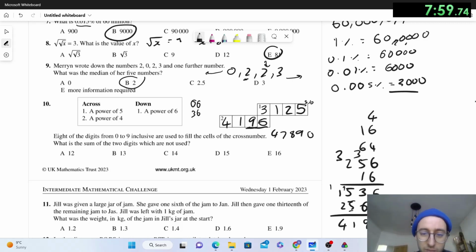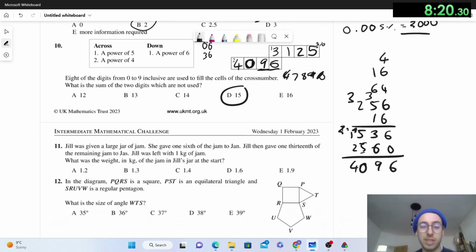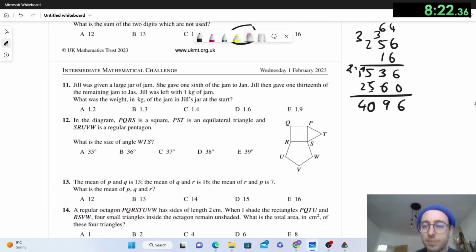That's wrong, because you can't use 1 twice. What if... Oh my god, there's no carry here. 3 plus 6 is just 9, so that's a 0. But that's still a 1. 4, 0, 9, 6. 7 and 8, 15. I have no idea. What was the clever thing here? Oh my god, that was absolutely horrendous. Okay, we move on.